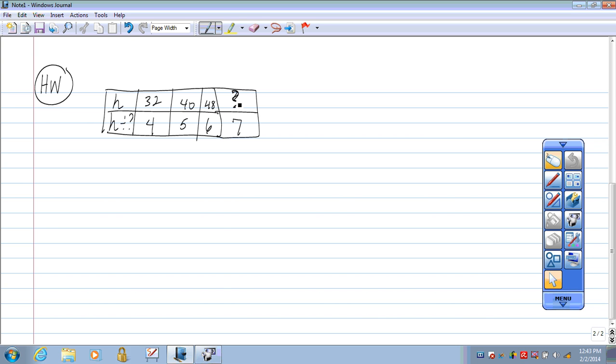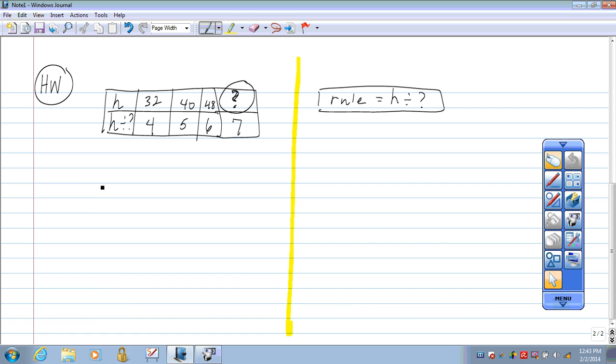So we see the rule here as H divided by what? So first you have to find out your rule, and then you have to identify what number goes in this spot. Here's another homework example.